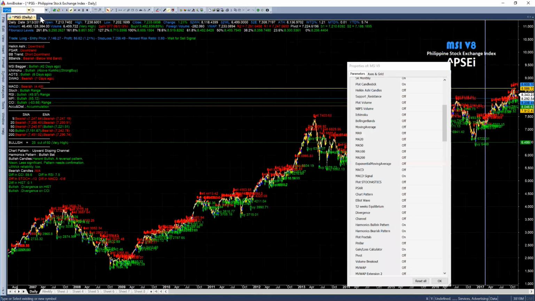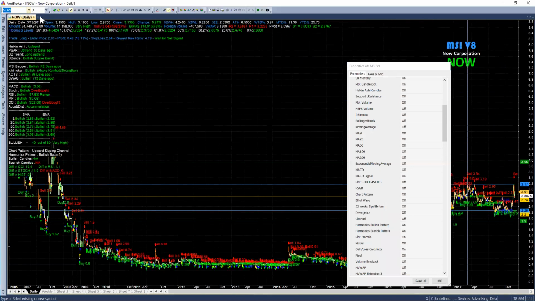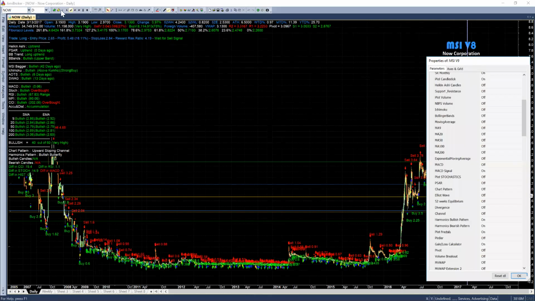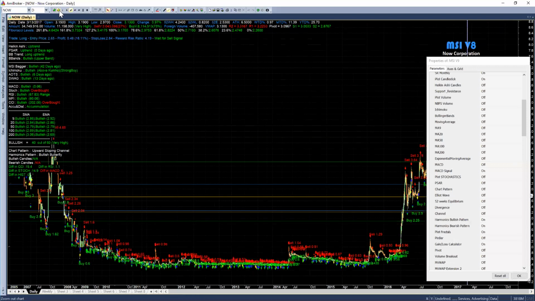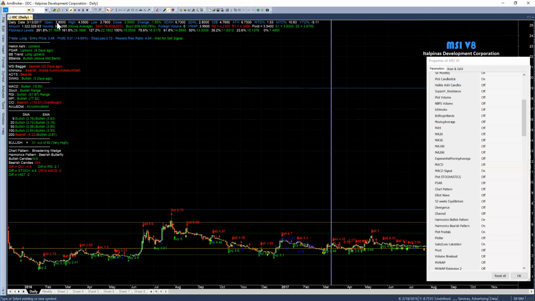Let's check some other stuff maybe. Para lang makita natin kung nasaan, how the harmonics look like. Dito sa part na to. Let's zoom that in.